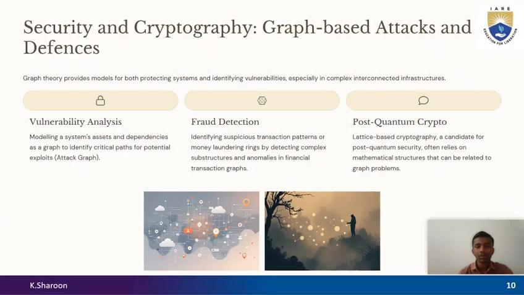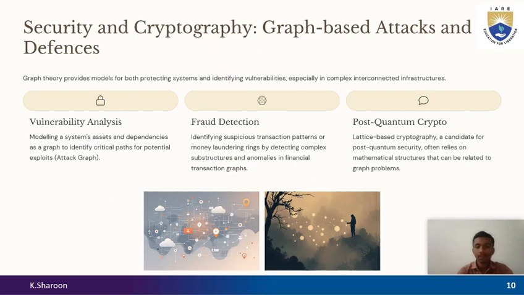Security and cryptography: graph-based attacks and defenses. Graphs are also used in attacks and defenses in security. Graph theory provides models for both protecting systems and identifying vulnerabilities, especially in complex interconnected infrastructures. So let us look at this. Vulnerability analysis: modeling a system's assets and dependencies as a graph to identify critical paths for potential exploits, an attack graph.